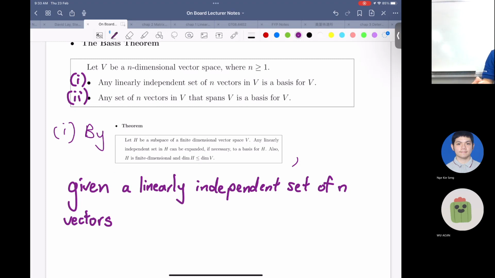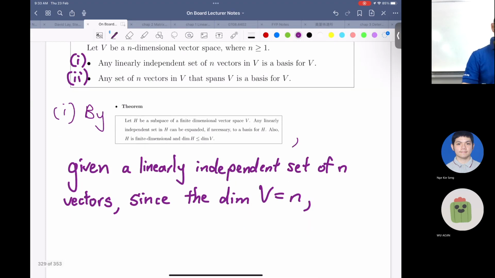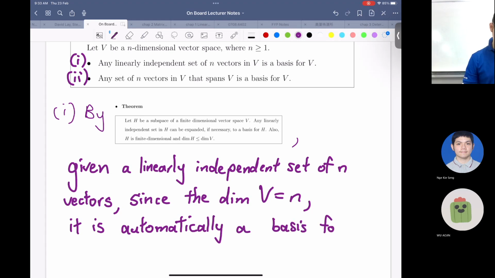By the theorem before, you can expand it, but since the dimension of V is n, it is automatically a basis for V.